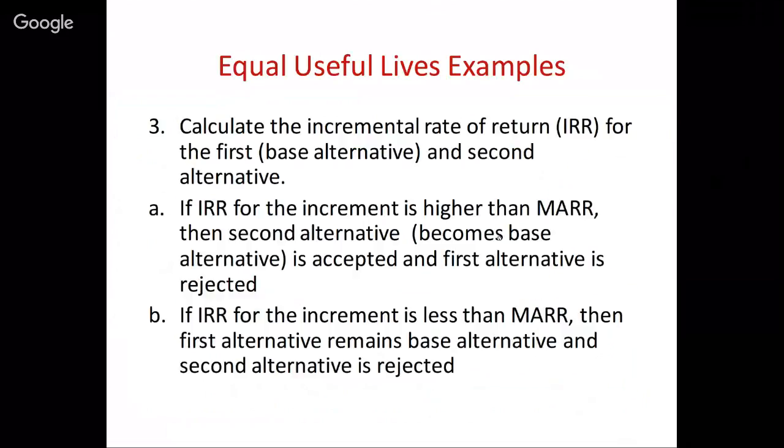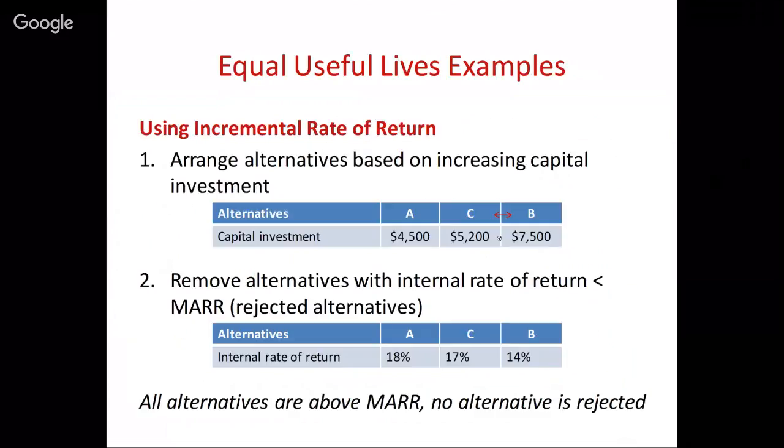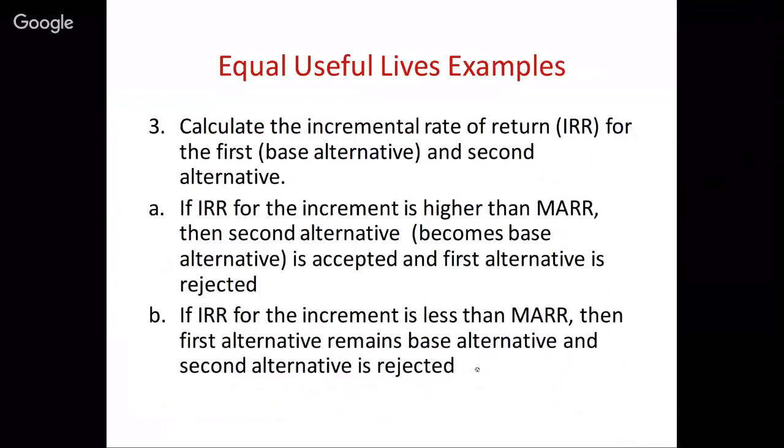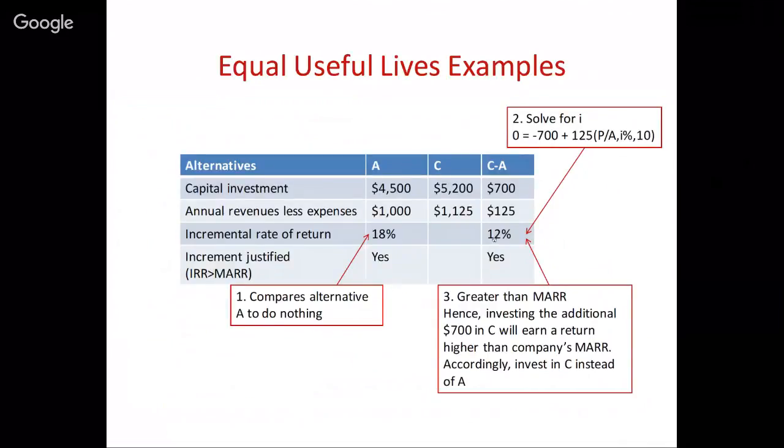Remember, we've already determined that C earns 17%, right? So alternative C by itself earns 17%. But in comparison to A, the increment of investment between C and A earns a 12% return.